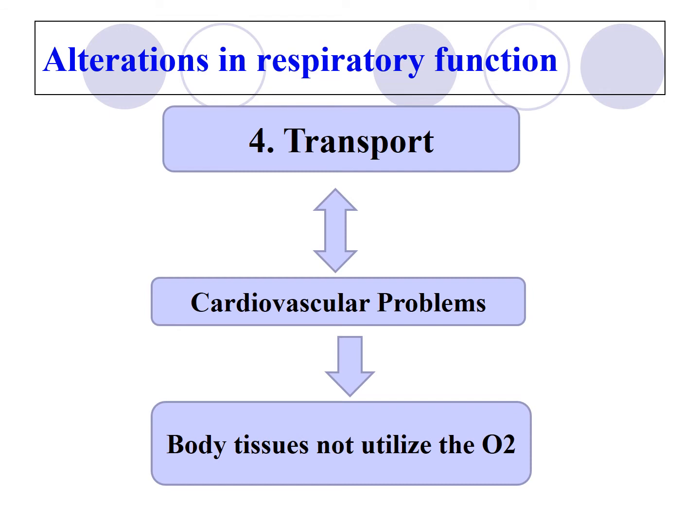From the heart, it is pumped through the circulation to all body tissues. So if there is any defect in the circulation or in the heart, it will affect the transport of oxygen to the tissue. In this case, the body tissues will not be able to get their oxygen demand.